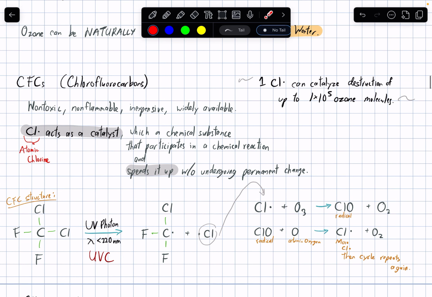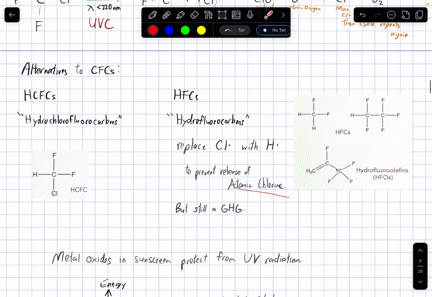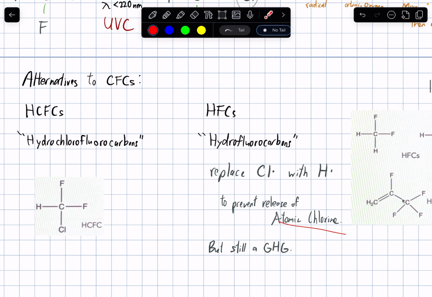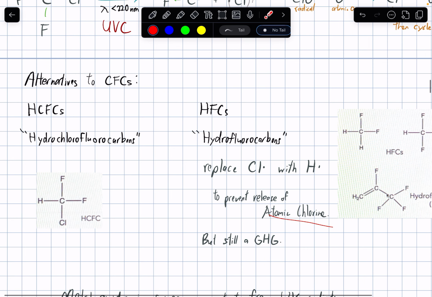So it's dangerous. If CFCs are dangerous, what are the alternatives? We have two, three, well, more. I'll be discussing two. This one, HCFCs, is in other words hydrochlorofluorocarbons.